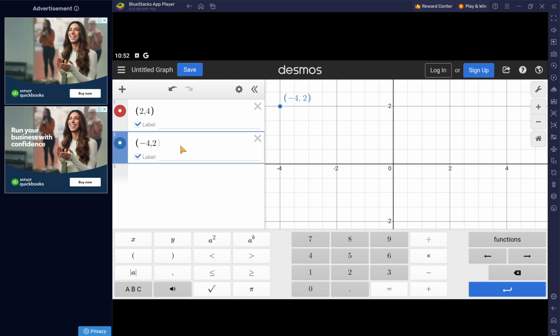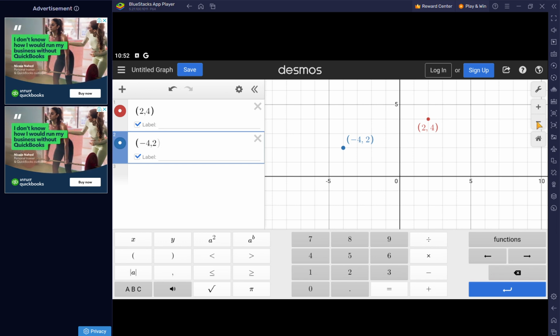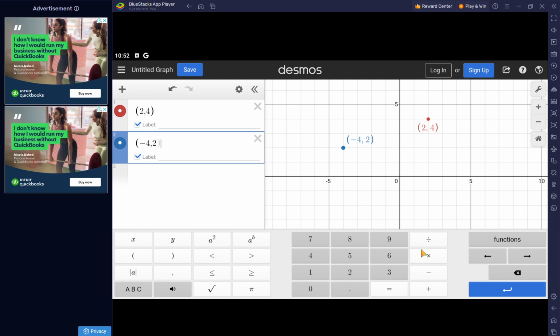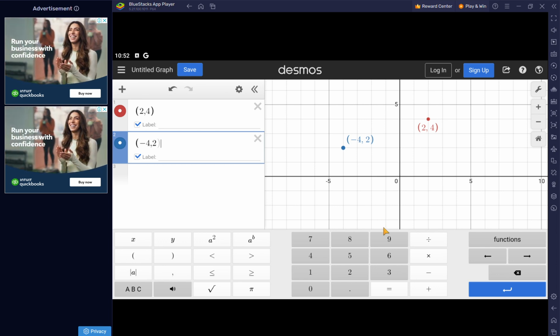Let's have a label for it. We can use zoom in or zoom out. And here are our points. We can see in our discussion that it is the same.